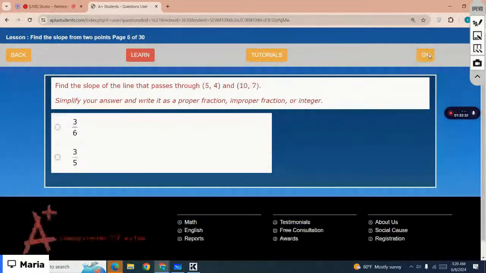Find the slope of the line that passes through the point 5, 4 and 10, 7. So which is the correct option?